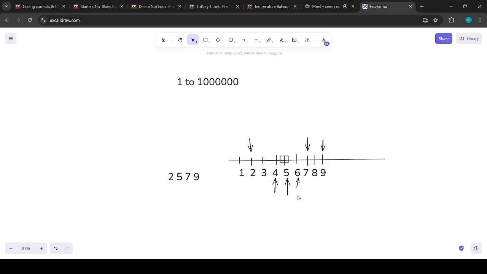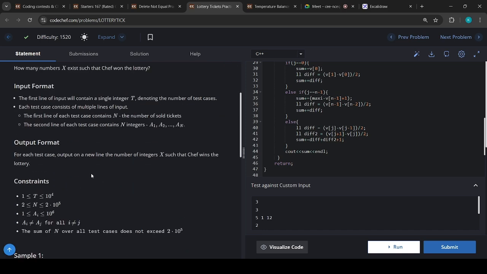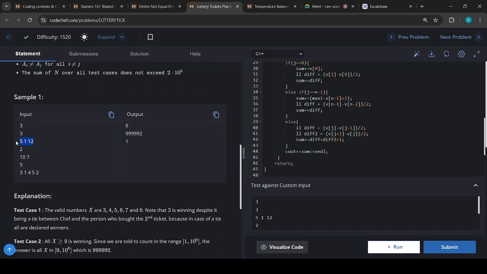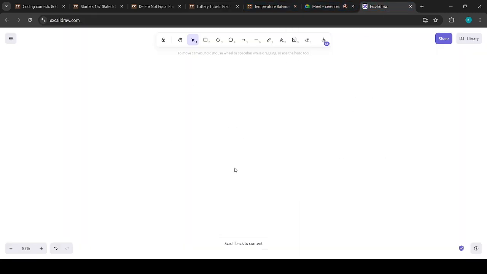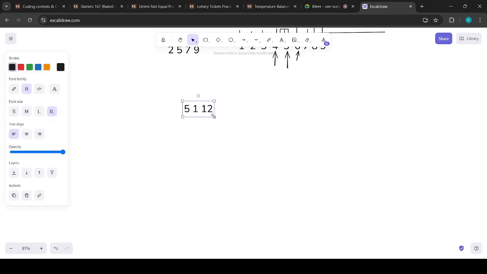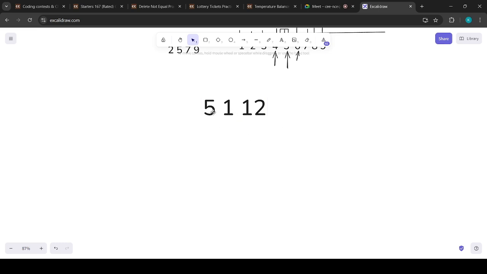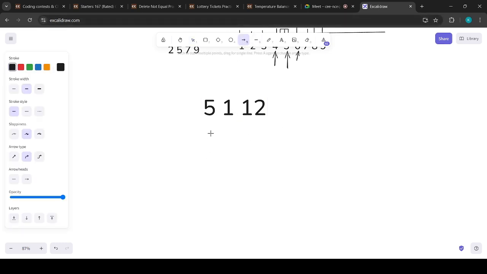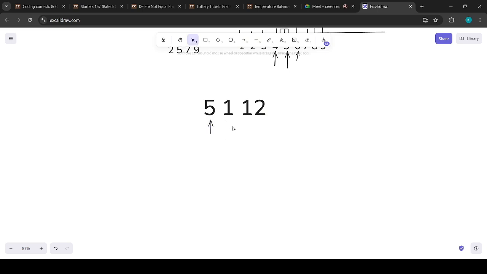Now take the test case: 5 and 2, 5 and 12. Chef is taking only the first ticket, and others are taking other tickets.